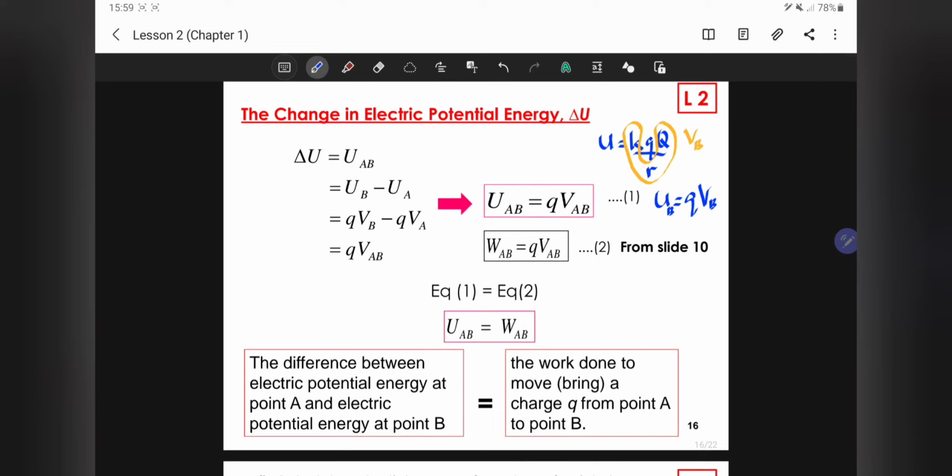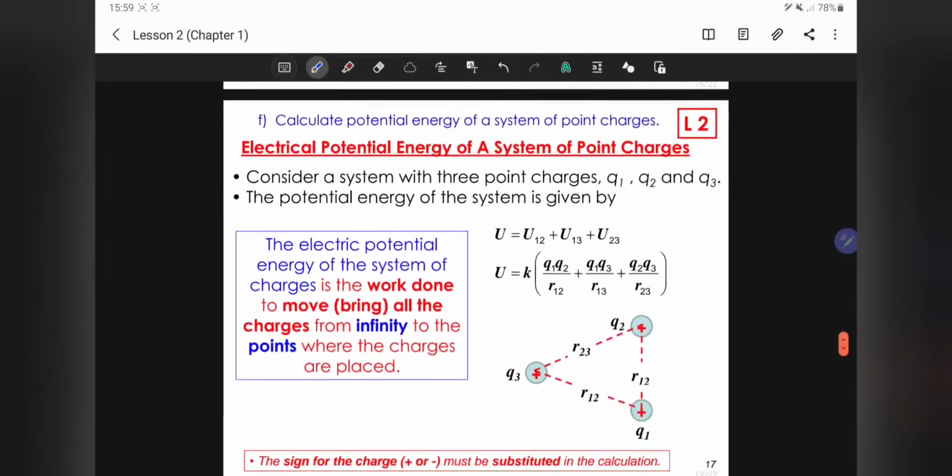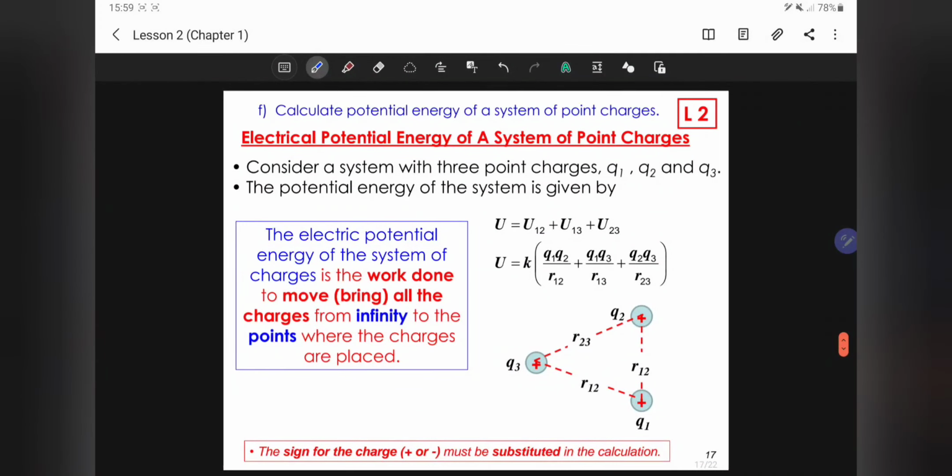Next, how do we calculate the electrical potential energy involving many charges? For this, how do we calculate the electric potential energy of a system involving many point charges? Let's say there are three different charges given, Q1, Q2, and Q3. Then how do we calculate the total potential energy?